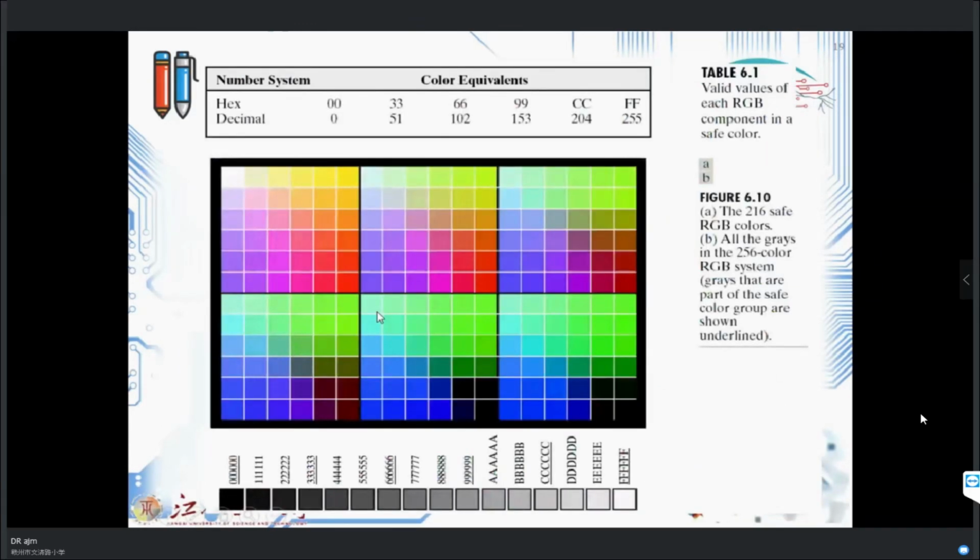The valid values for the RGB components in the safe colors are shown here with hex to decimal and the color equivalent to them. And the 216 safe RGB colors are shown here, and all the grays in the 256 color RGB are represented with this chart.